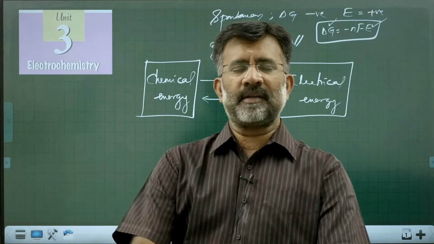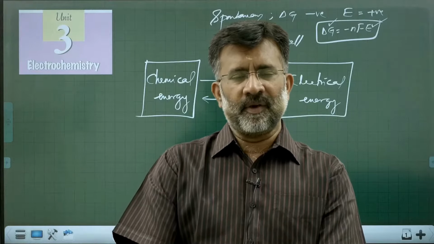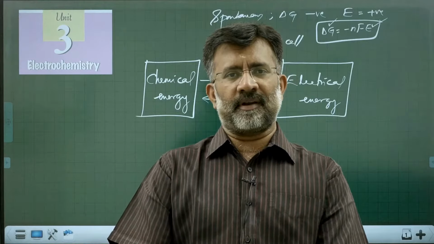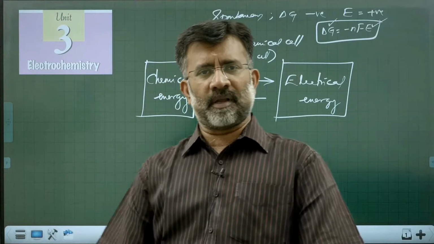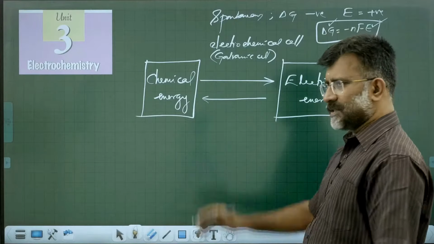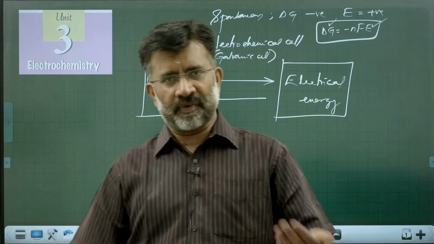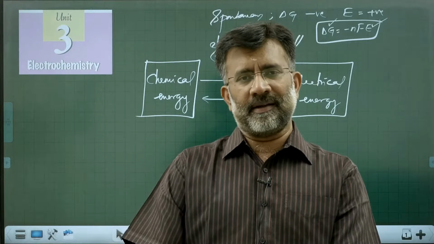This is the reaction happening in a galvanic cell, a device where chemical energy is converted to electrical energy. A typical example is the zinc copper couple. In the reverse reaction, electrical energy is converted to chemical energy: extraction of various metals, electroplating, etc. fall under that category.